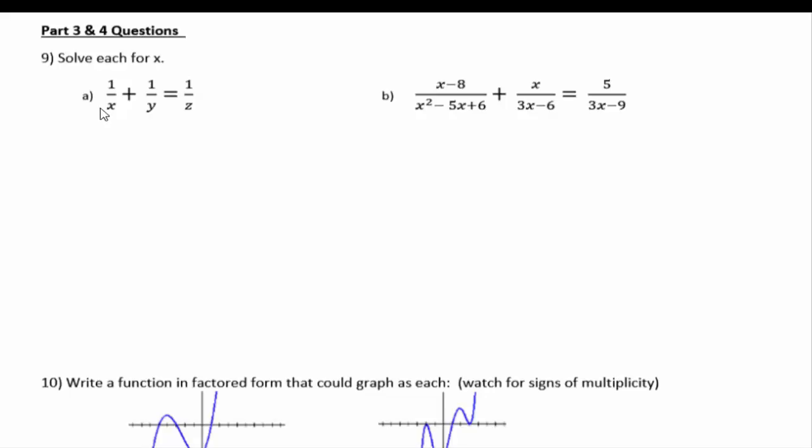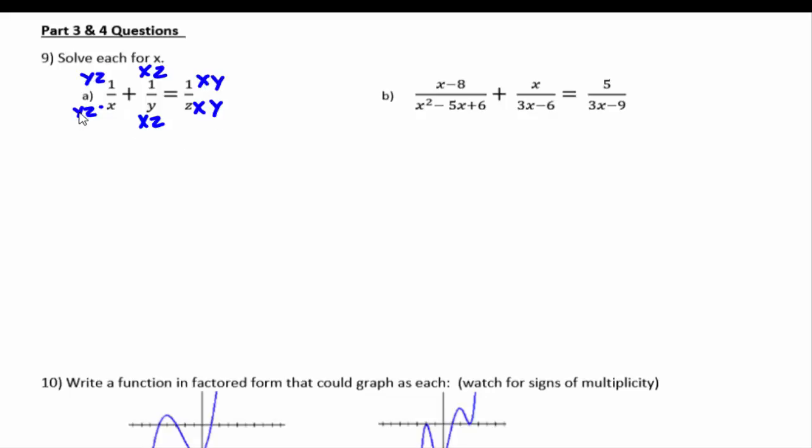So we have to multiply this by y, z. That means the top needs to be multiplied by y, z. This needs to be multiplied by x, z, because you already have the y. So then x, z here. And this gets multiplied by x, y. So x, y up here.